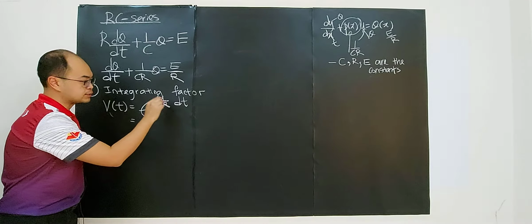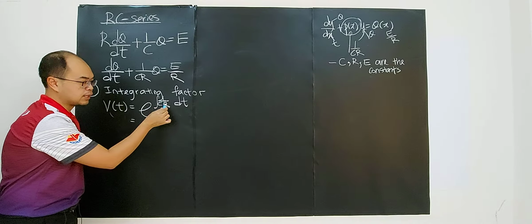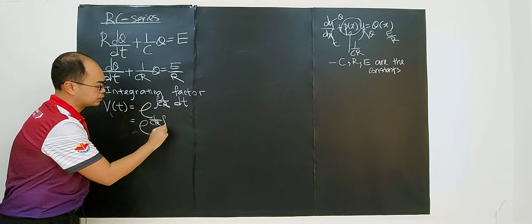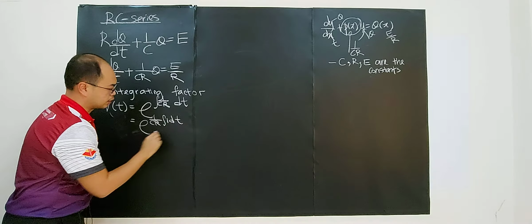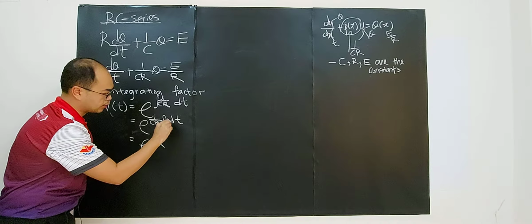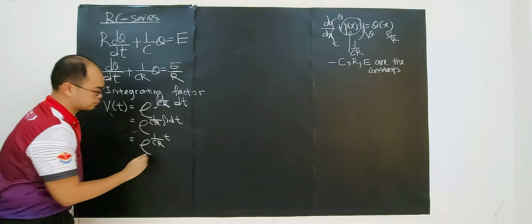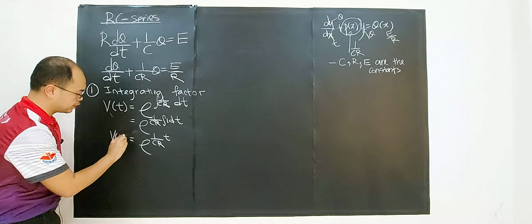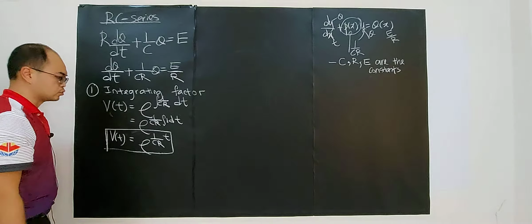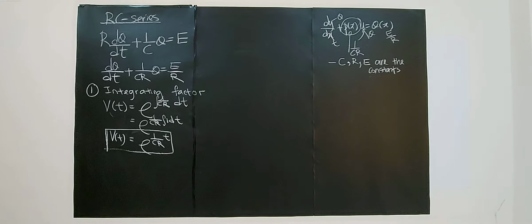As 1 over CR is a constant, C is a constant, R is a constant, we can take out the CR and integrate 1 dt. So then we have e to the power of 1 over CR times the integral of 1 dt, so it's t. So it means that your integrating factor in this case will be Vt equals e to the power of t over CR.